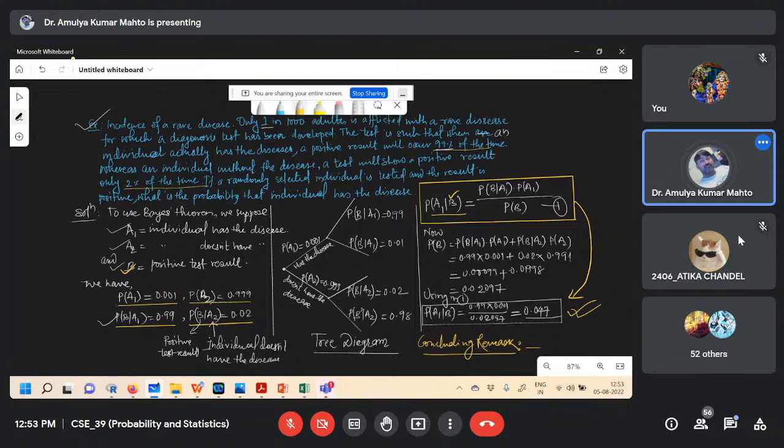No, this is not equal to that. In this one, you know that the result is positive, and in this one, you know that the person has the disease. So both are just reverse things. You cannot think that the two are the same. Okay, sir.